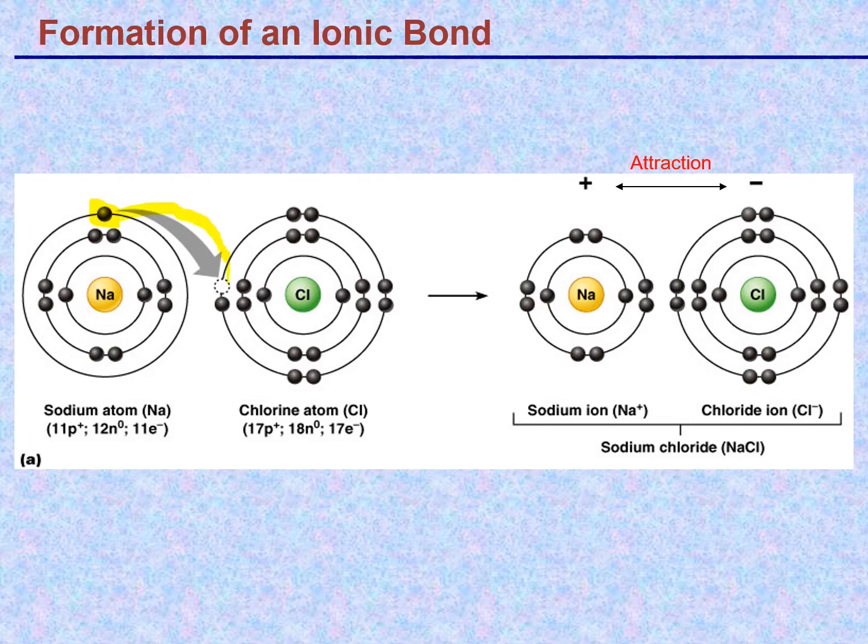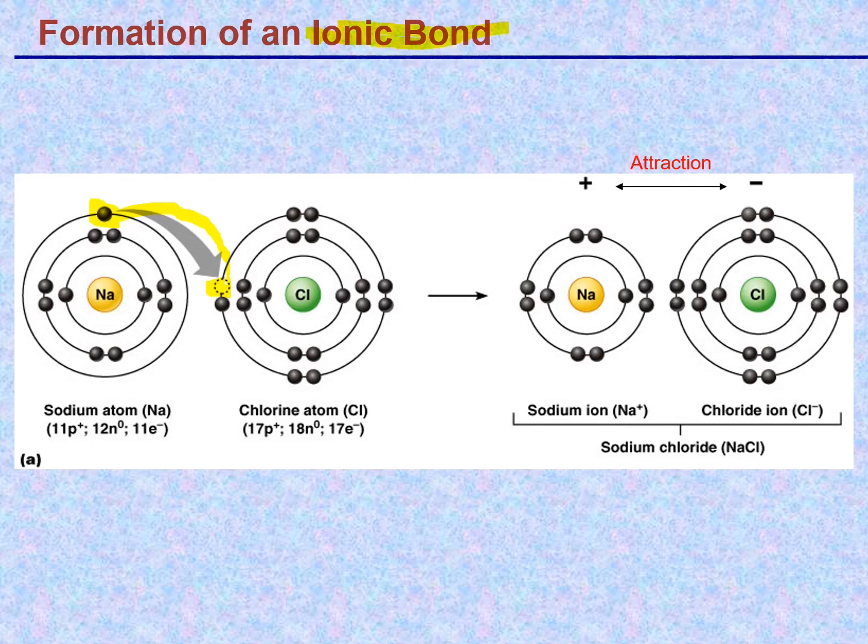It gets transferred over to the chlorine, which has 7 electrons in its outermost shell, and therefore becomes stable once it gets that 8th one from the sodium. And the sodium in turn becomes more stable because it has given up that single electron in its outermost shell. In this way they form a stable interaction, which is in fact an ionic bond.